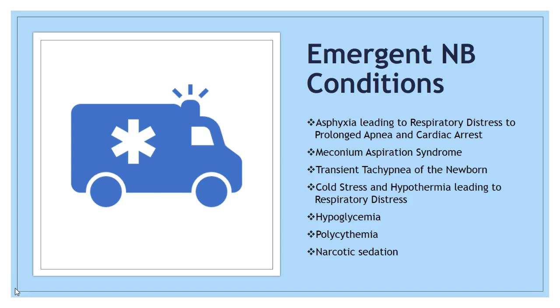If you have a kid who is grunting or retracting or flaring, you have to intervene quickly because they will deteriorate on you very, very rapidly to a point that they end up in cardiac arrest. Individuals that are born with meconium aspiration syndrome have to be treated a little differently.